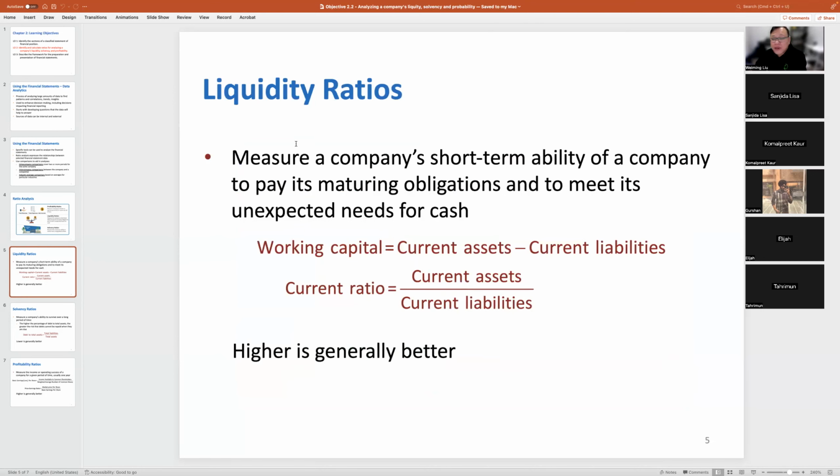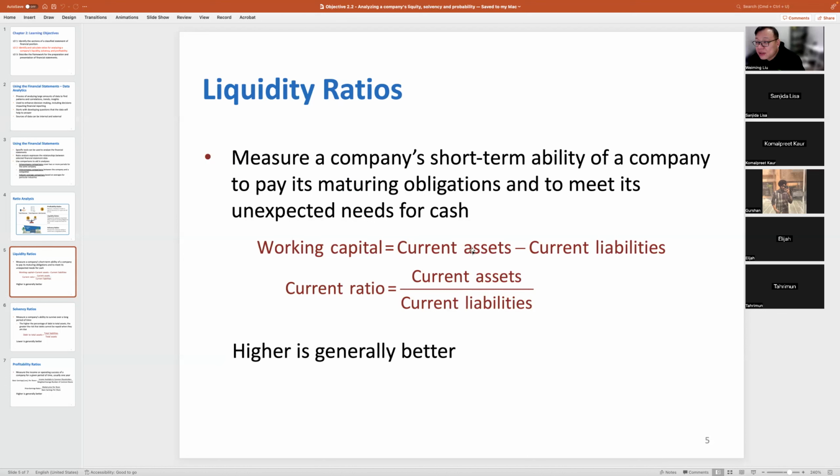So let's start with liquidity ratios, okay? We have two ratios here for you to calculate, and basically the first one is called working capital. So how do you calculate working capital? You use current assets minus current liabilities.